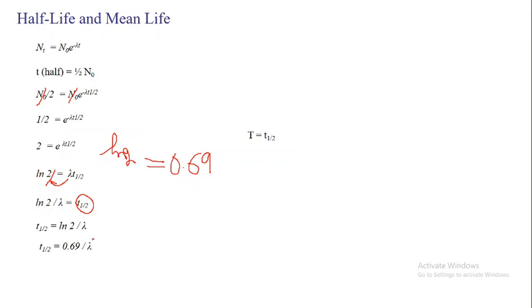If the decay constant λ is high, it means the half-life would be shorter because it is inversely related to the half-life of any radionuclide. And if the decay constant λ has a smaller value, then the half-life of the radionuclide would be greater.